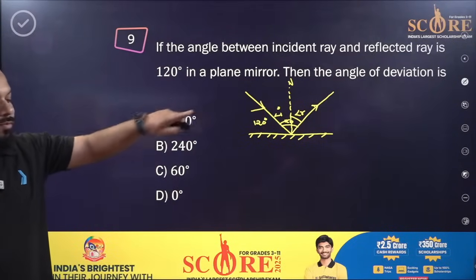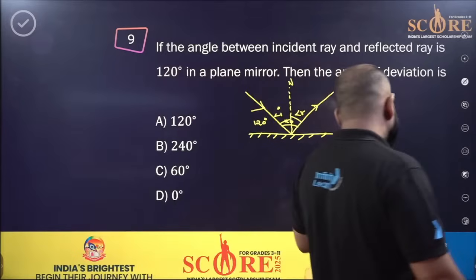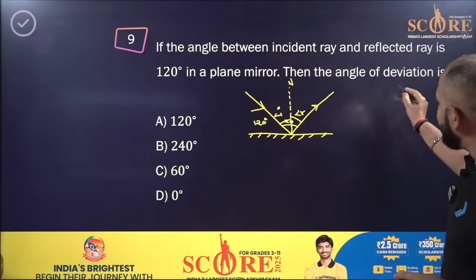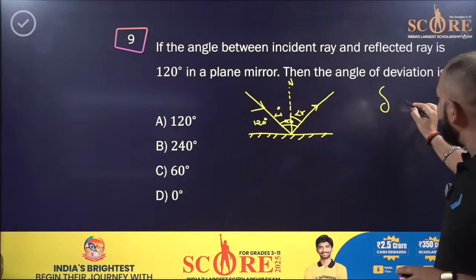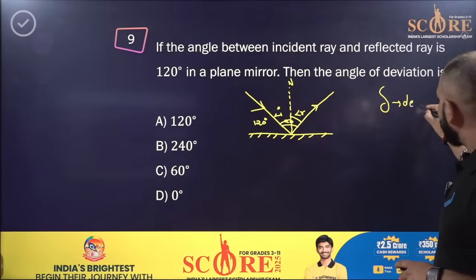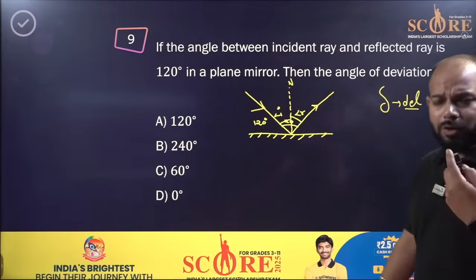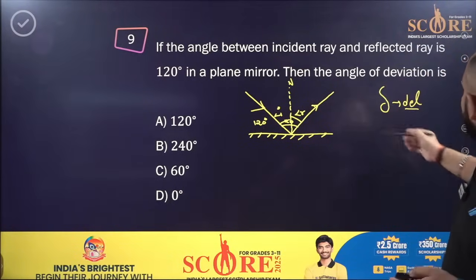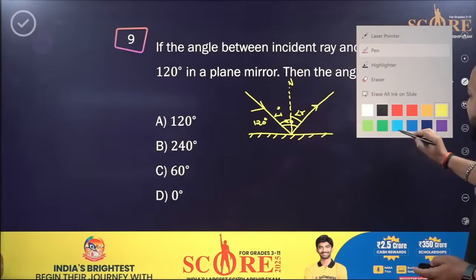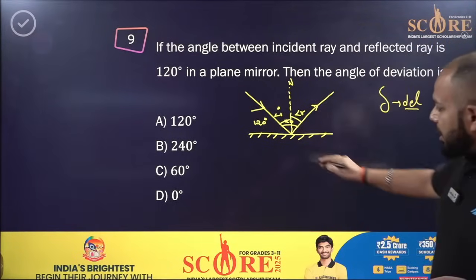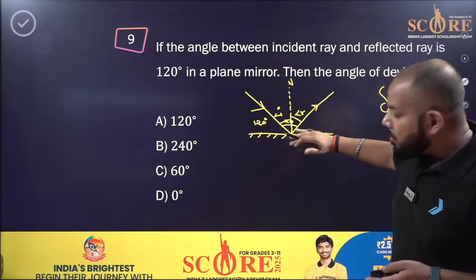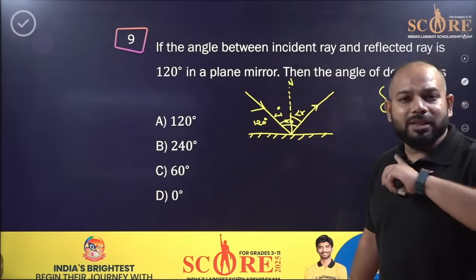Then the angle of deviation will be, see, the angle of deviation is denoted by the symbol delta. First of all, why are we talking about deviation? See, if there won't be any mirror, we all know one property of light, that light travels in a straight line.